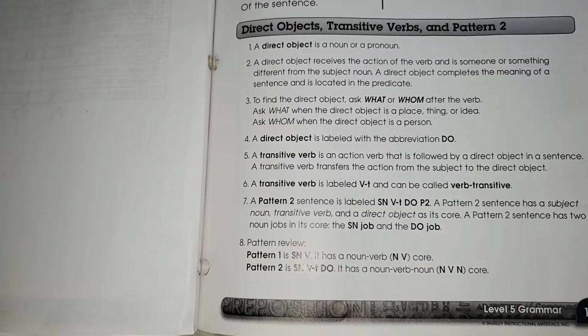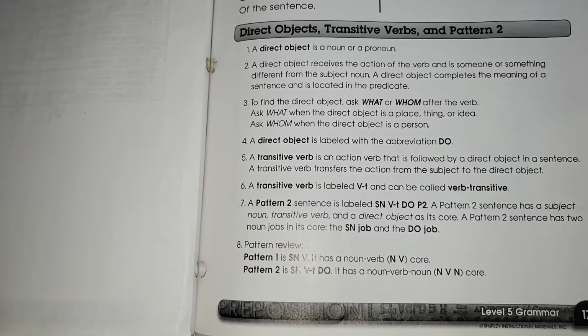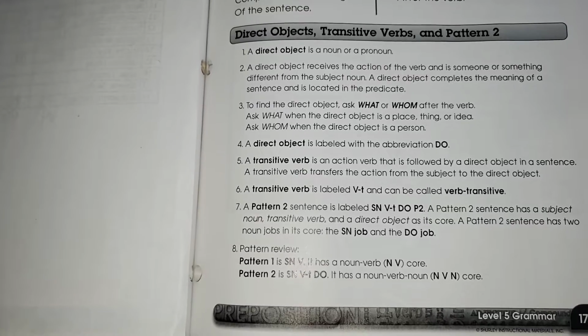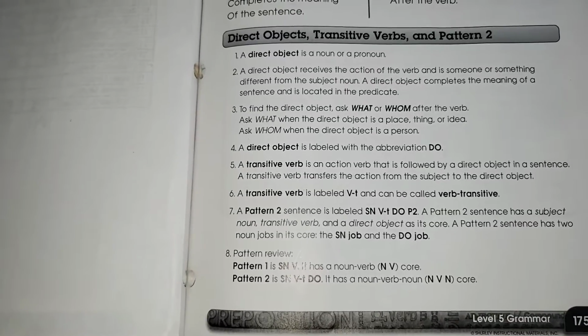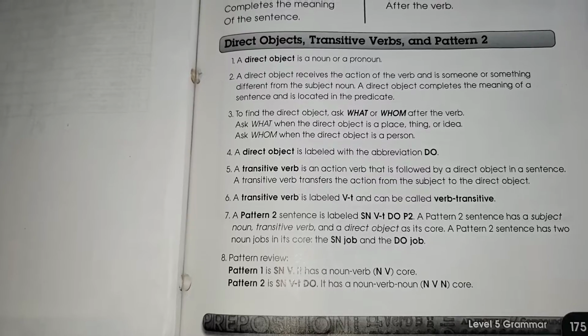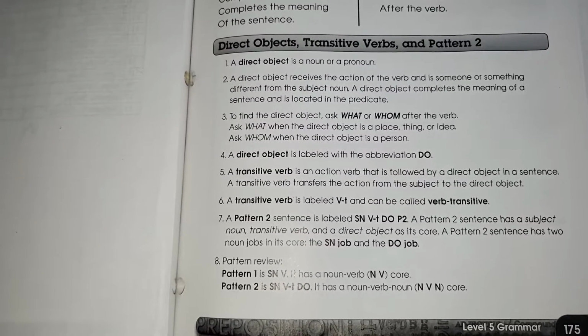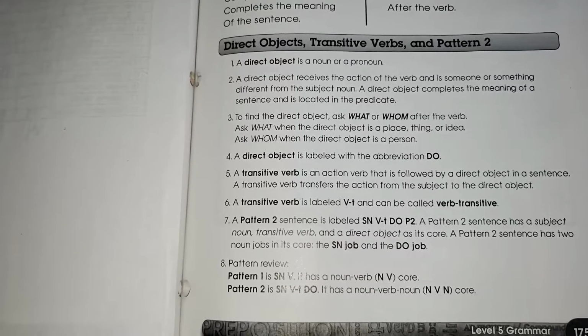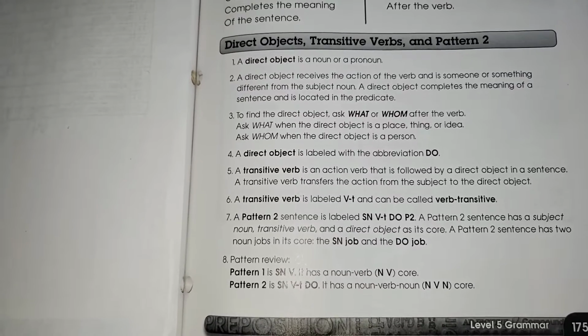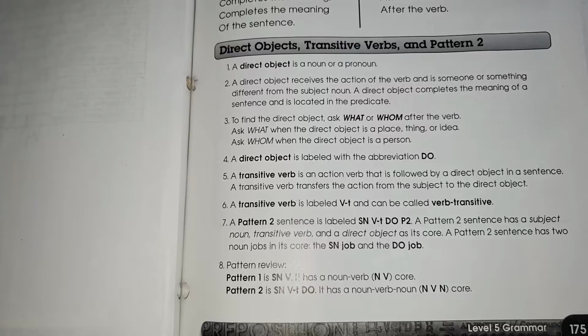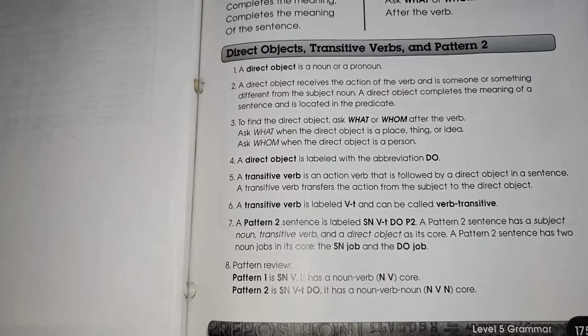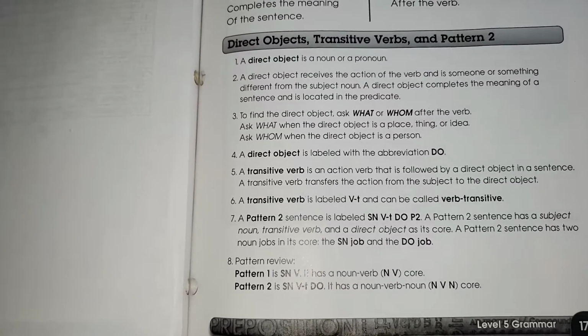So you cannot use a direct object with a helping, like a state of being verb. Am, is, are, was, were. It's only after an action verb. Okay? A transitive verb, number 6, is labeled capital V dash lowercase t and can be called verb transitive.